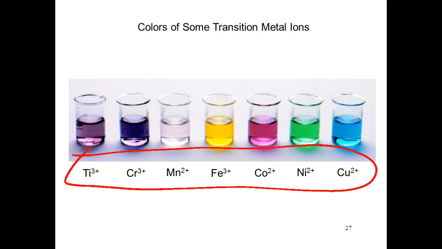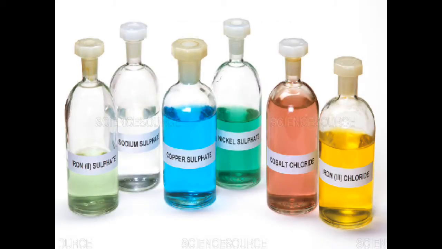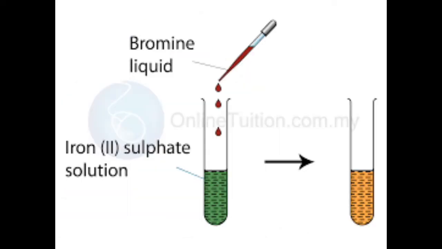So you see, each ion becomes colorful and these colors become the reason for their identification. So they are used in chemical tests and the lab becomes beautiful because so many colorful reagents are placed there.